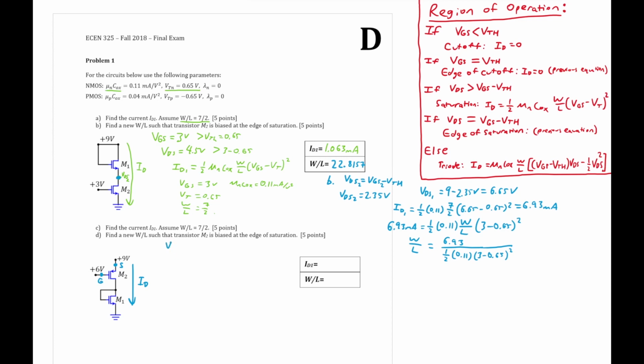And that means that our VGS, and it's important to note that whenever we're referring to VGS, we use the absolute value of it, is equal to 3 volts, right? Because there's a 3 volt difference between the gate and the source in this case. And 3 volts is greater than the absolute value of VTH, which is 0.65 volts.